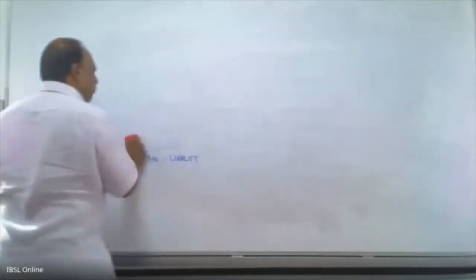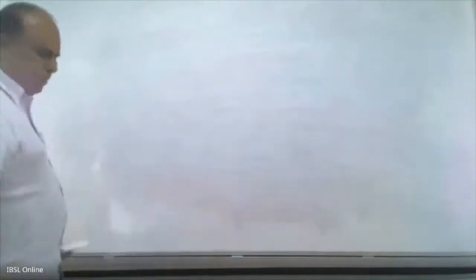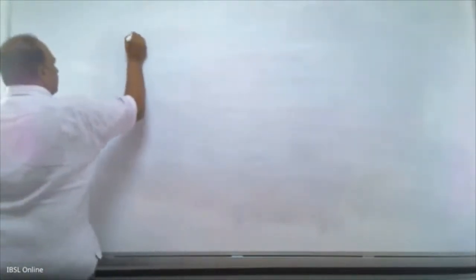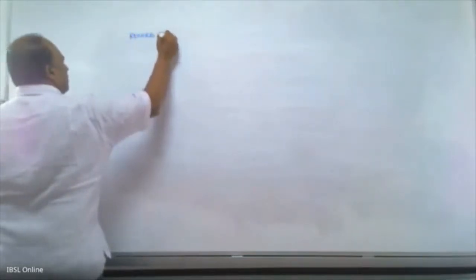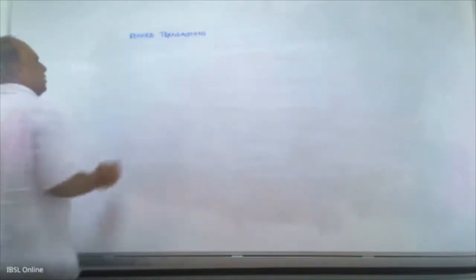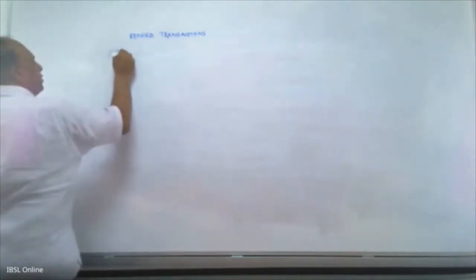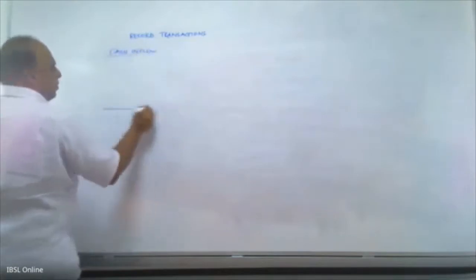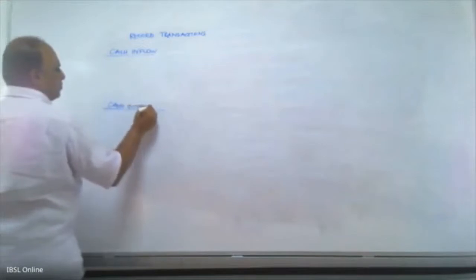If you are a small business concern, what you have to do is record all your transactions. You are a very small business. So what you do is mark all cash inflows and all cash outflows.